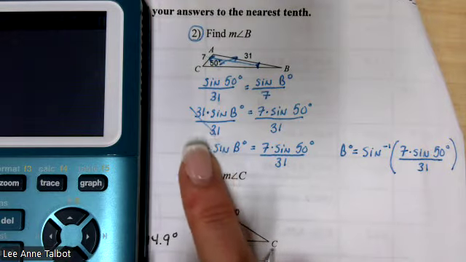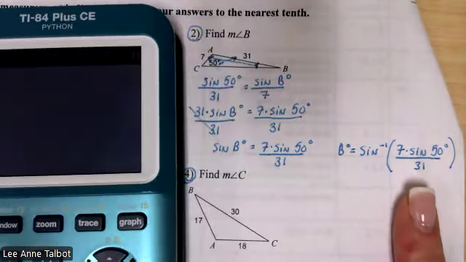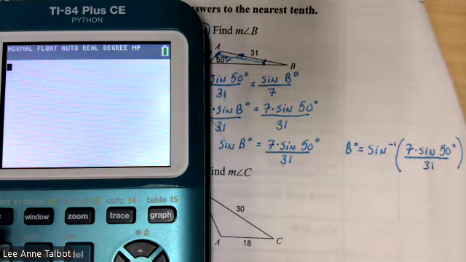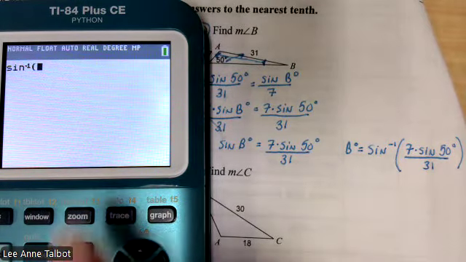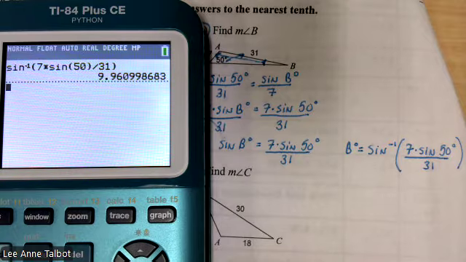Sine and sine inverse cross out on the left, so we only show it on the right. And you can type this all into the calculator in one fell swoop. Sine inverse, which is second sine, 7 times sine 50 divided by 31 is 9.96.